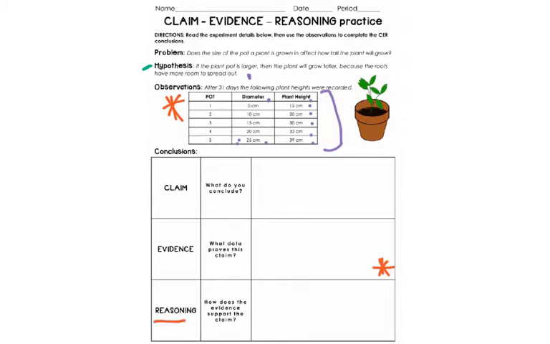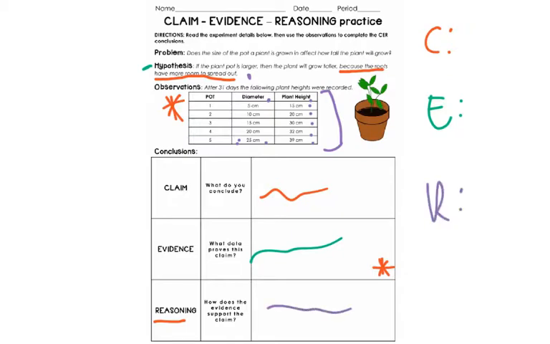And in your reasoning, you might want to look back at the hypothesis, because I think it gave you a nice hint here. So in order to do this, you can simply send me an email and put C and what you wrote here, E and what you wrote here, and R and what you wrote here.